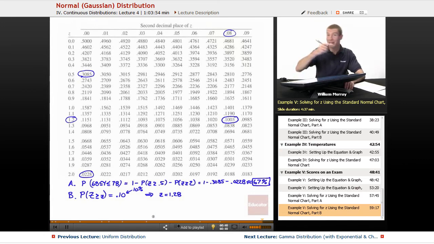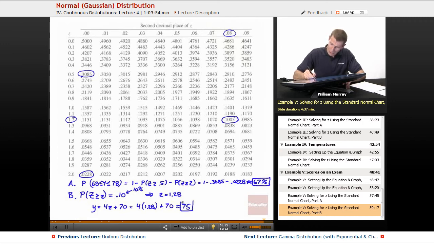But now I have to convert that back into a y-score on the exam. So my y, which I worked out on the previous page, was 4z plus 70. So that's 4 times 1.28 plus 70. And if you calculate that out, it comes out to be very close to 75, just slightly above 75.